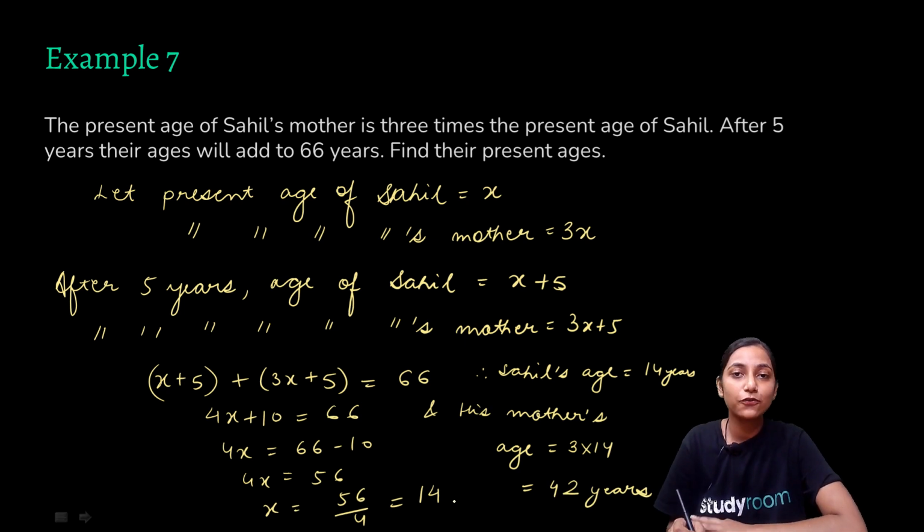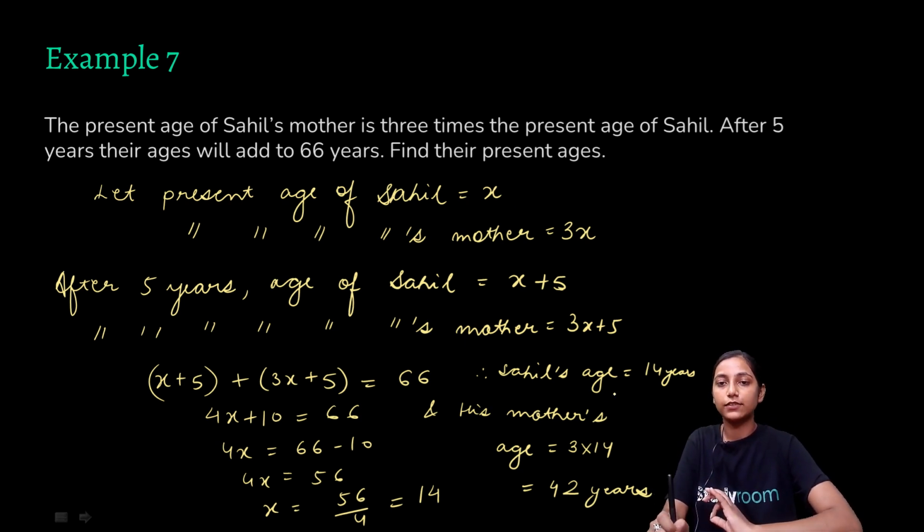This was what we had to find, their present ages. So the present ages of Sahil and his mother are 14 years and 42 years respectively.